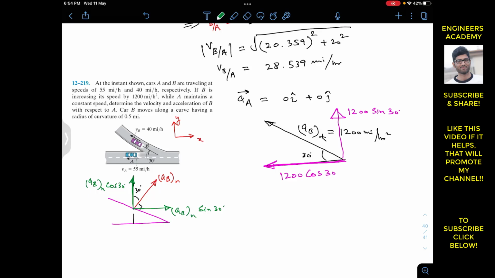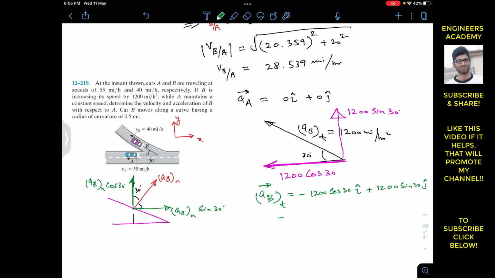So now we have to represent the tangential acceleration as a Cartesian vector and the normal acceleration as a Cartesian vector. Now I can write that the acceleration of B in the tangent, that vector, is equal to this 1200 cos of 30, and it is acting in the negative x. This is our positive x. So I will write minus 1200 cos of 30 in the i, and then plus 1200 sine of 30 in the positive j.